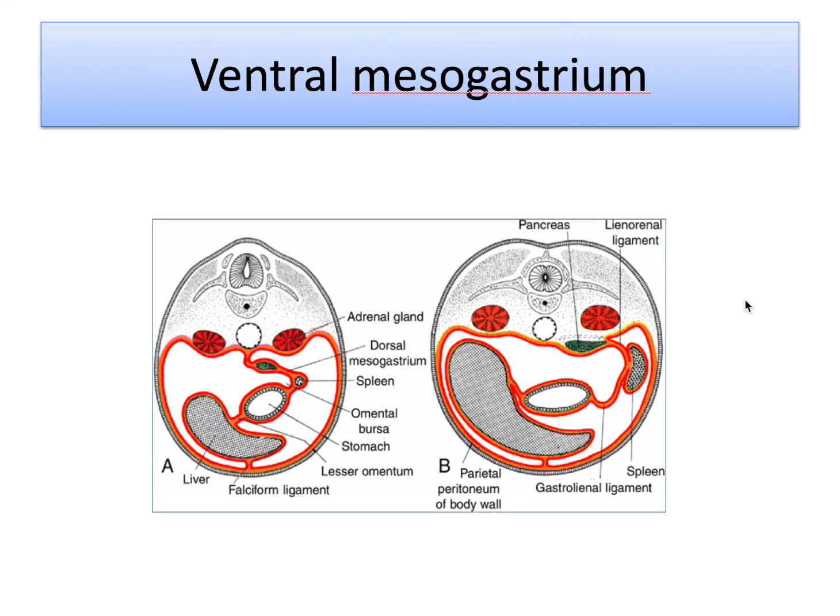The ventral mesogastrium forms the lesser omentum and the falciform ligament, which itself is derived from the mesoderm of the septum transversum. When liver cords grow into the septum, it becomes thin and forms the peritoneum of the liver, the falciform ligament, which binds the liver to the ventral body wall, and the lesser omentum, which connects the stomach and upper part of the duodenum to the liver.